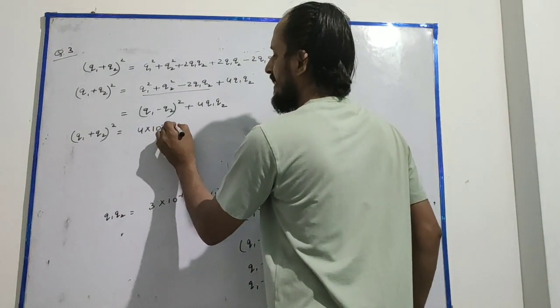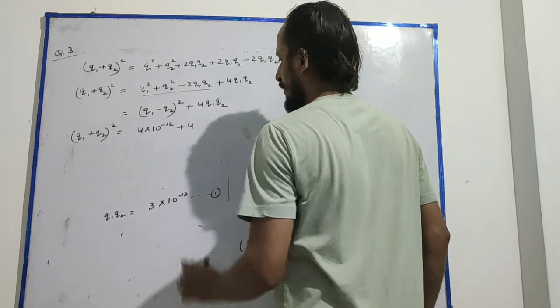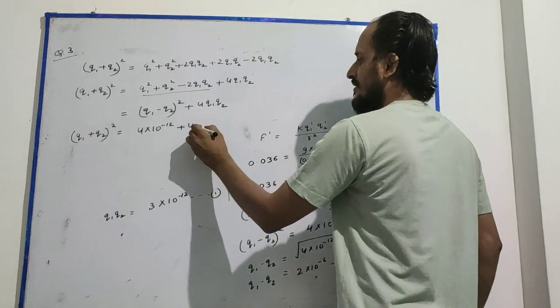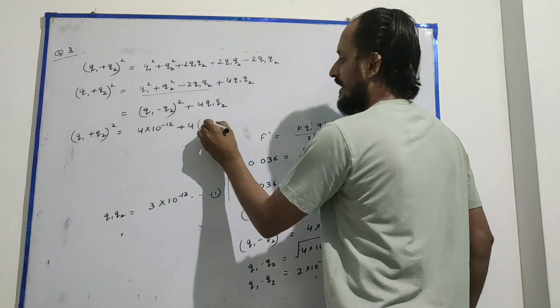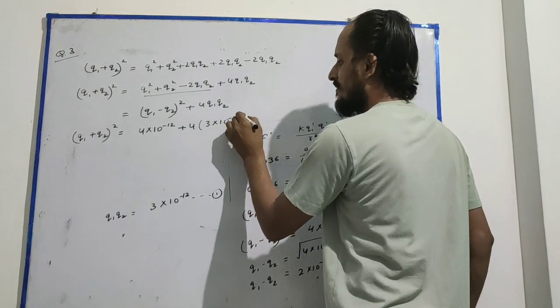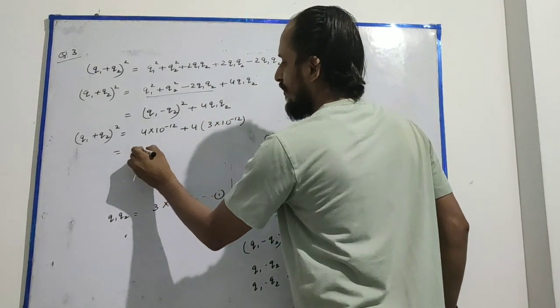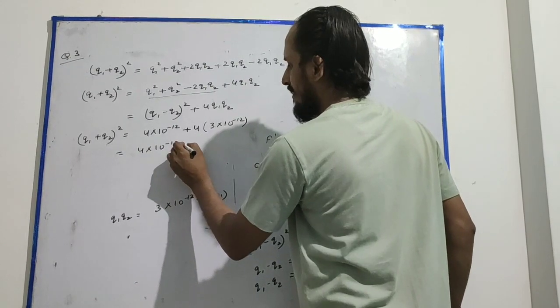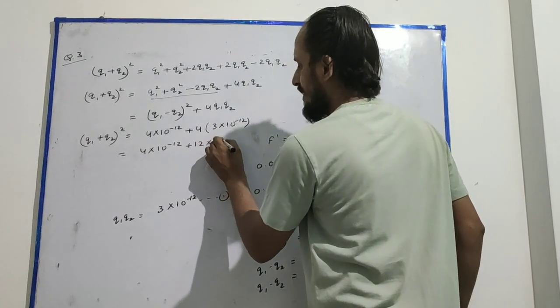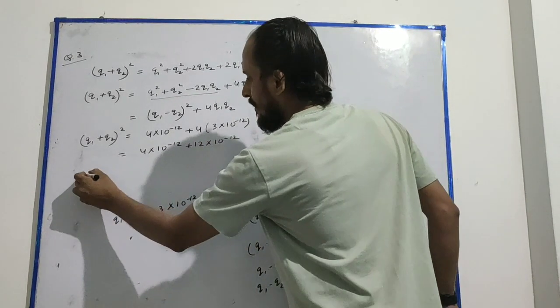4 into 10 to the power minus 12 plus 4 Q1 Q2, which is 3 into 10 to the power minus 12. You will get 4 into 10 to the power minus 12 plus 12 into 10 to the power minus 12.